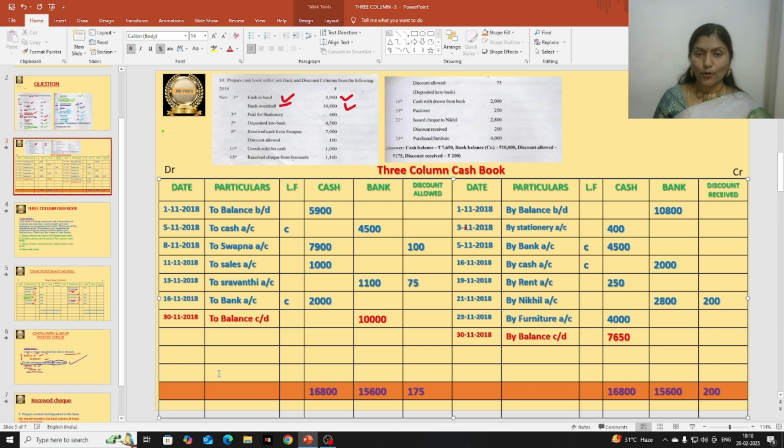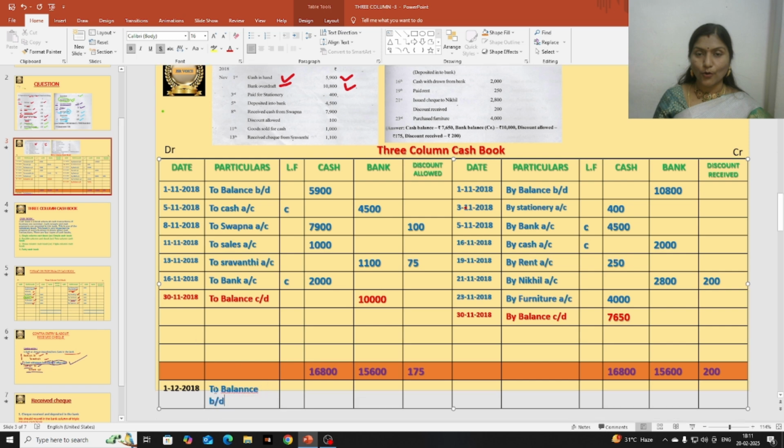What is the next day of 30 November? 1st December 2018, to balance brought down. What is the amount? 7,650.